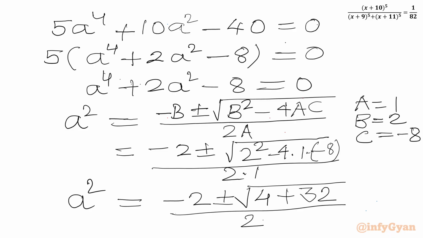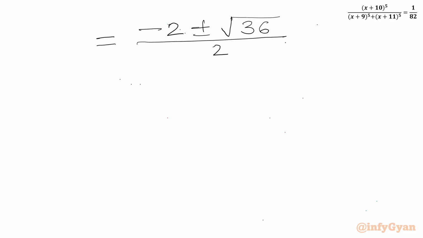So I can write here minus 2 plus minus square root of 36 over 2. This is the value of a square.